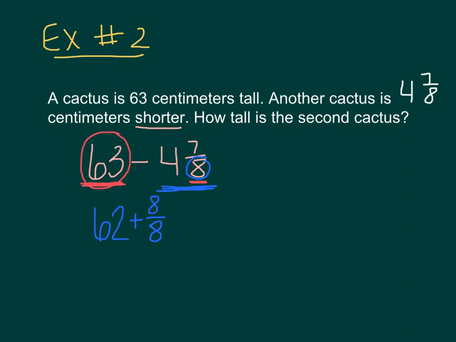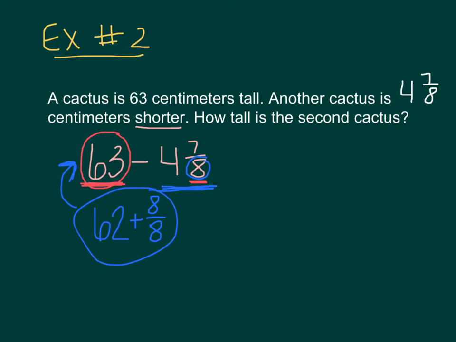So 8/8. That equals 1 whole. So 62 plus 8/8 actually equals 63, because 8/8 is really equal to 1. Any fraction that has the same numerator and denominator is equal to 1.